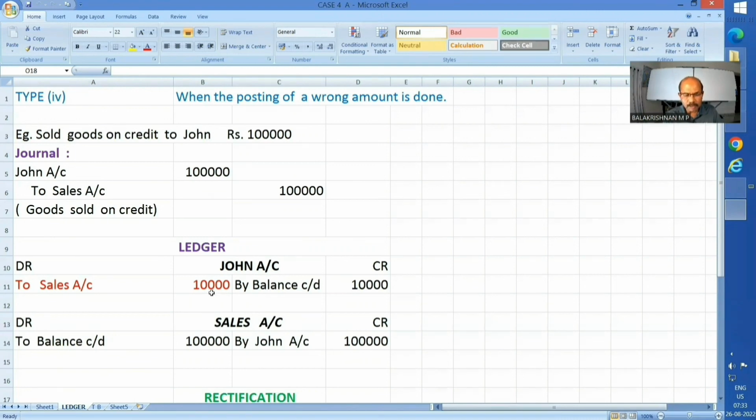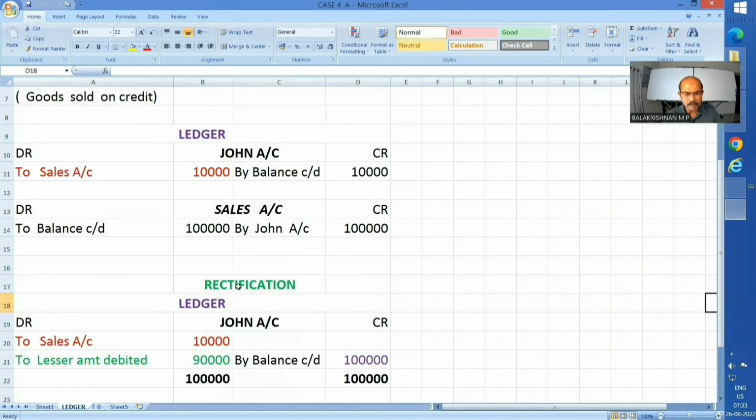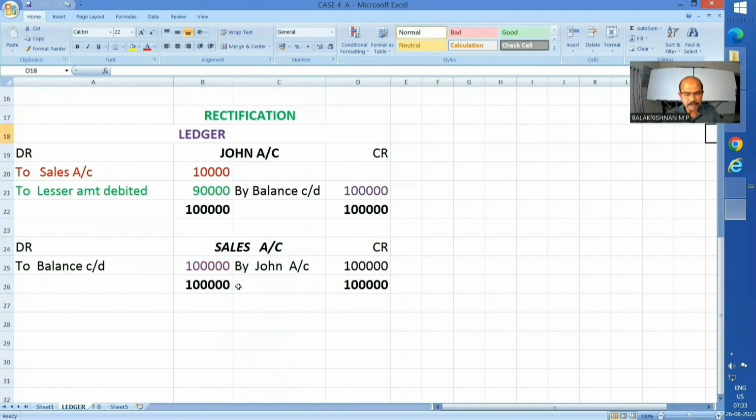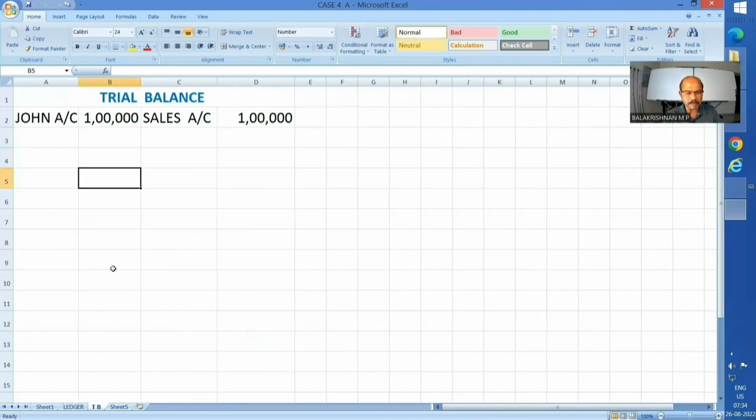So how will you rectify this John account? The rectification will be like this. John account already has 10,000. Just show another 90,000 against this, writing "lesser amount debited". Naturally, this account will get balanced to 1 lakh, which will be in agreement with the sales account, and we will have a satisfactory trial balance of 1 lakh each.